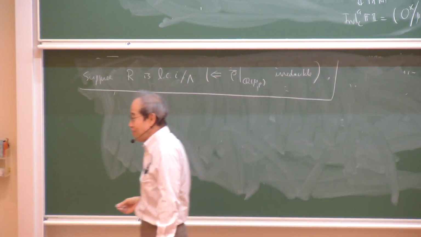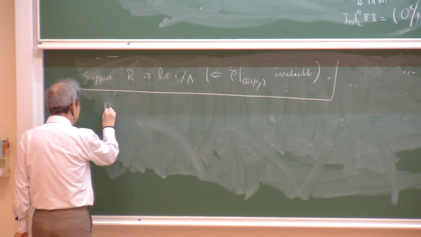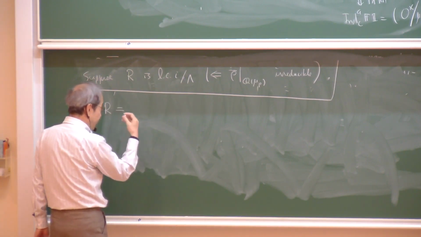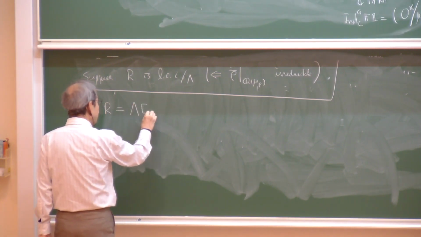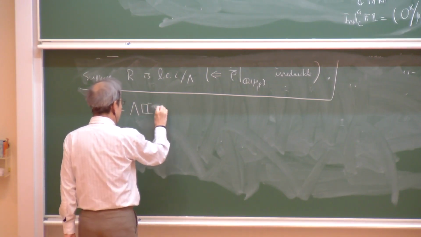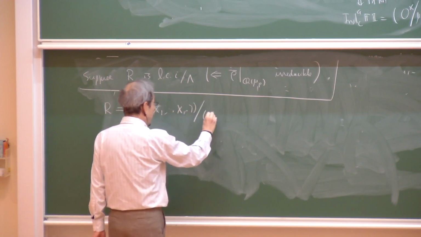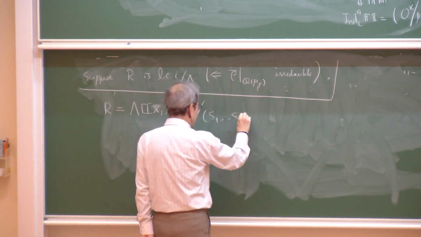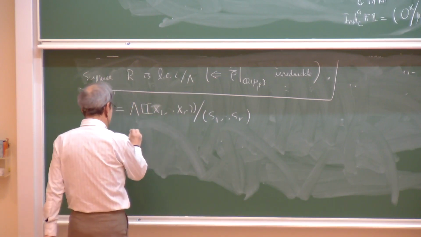Okay, so suppose this. Then this R has a presentation T1 to Tn, X1 to XR modulo S1 to SR. And what's the minimal number of S?